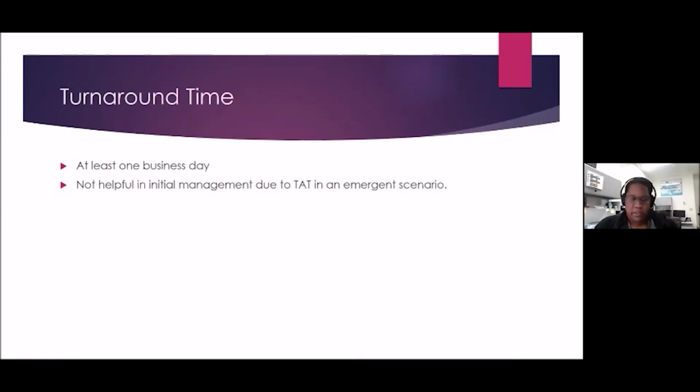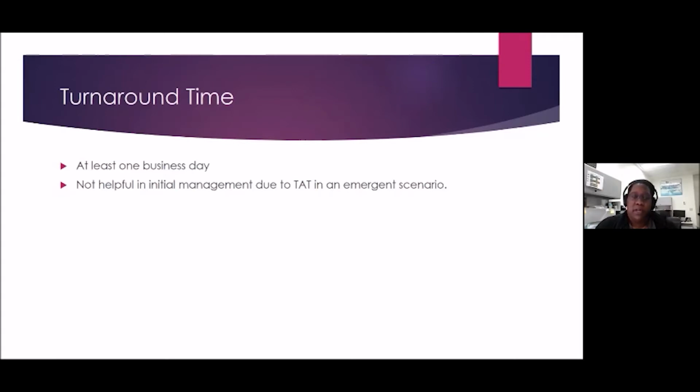The problem is most labs will not have the means to do ADAMTS13 testing. In most places, it is a send-out lab. And so when you get the patient and you draw the ADAMTS13, you're going to have to wait at least 1 business day to find out if it's TTP. And that's usually just to get the activity back.